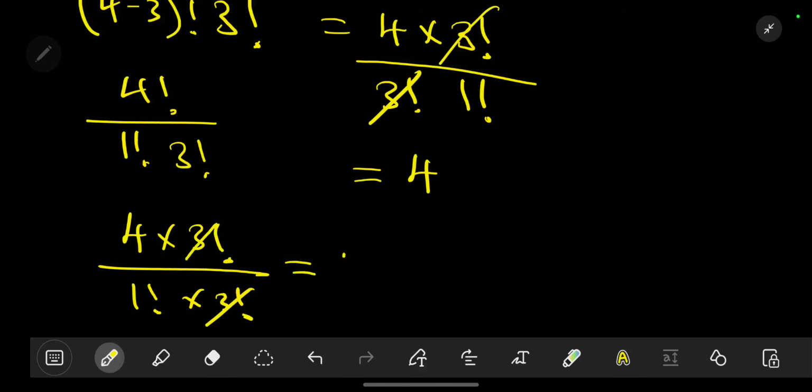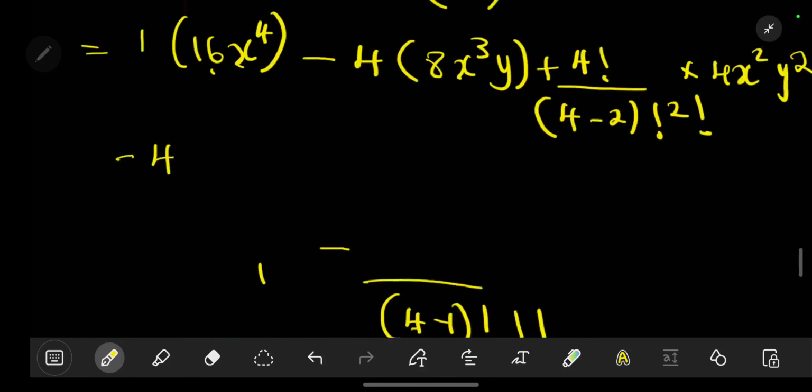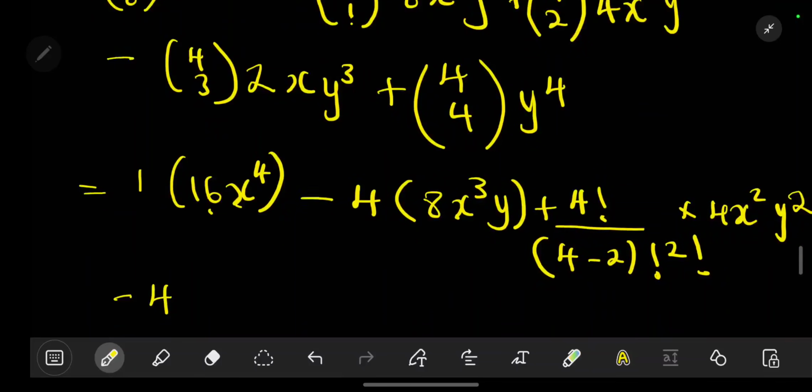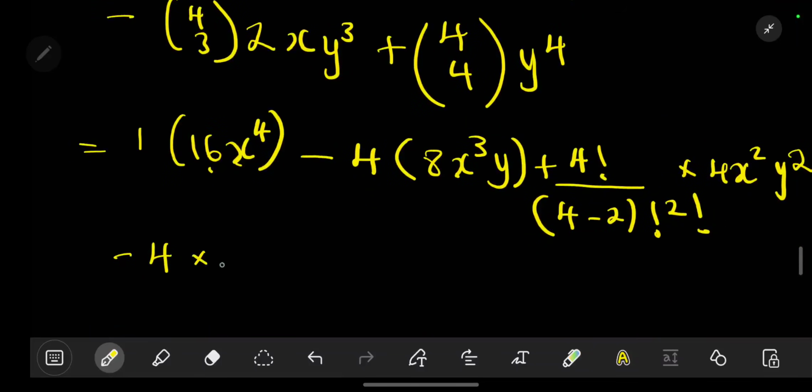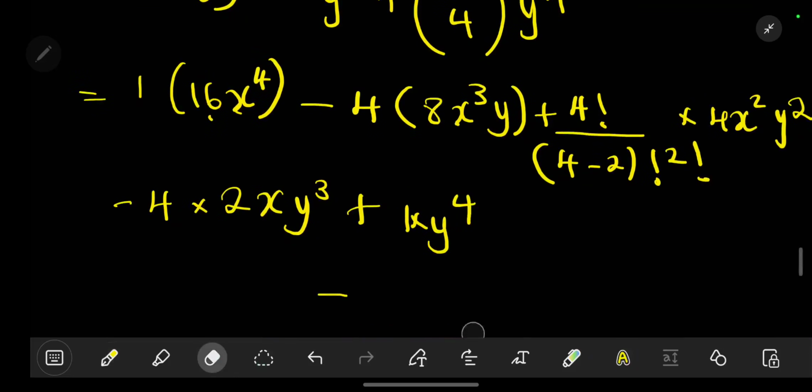This and this cancels. We are going to remain with 4. So it is itself. Then times our 2x y to the power of 3 like that. So then plus 4 combination itself is 1. Then we have times our y to the power of 4 like that.